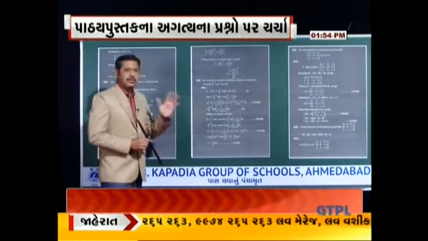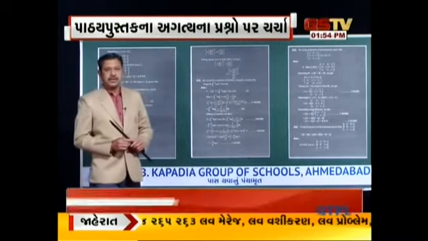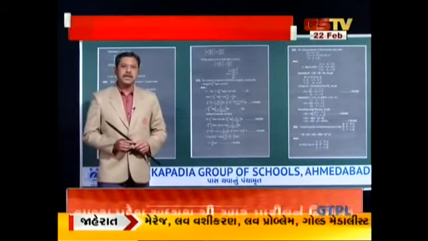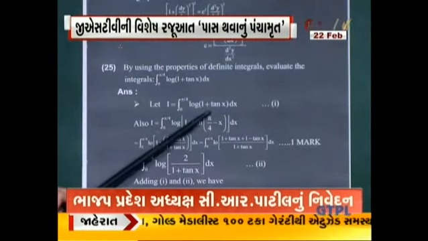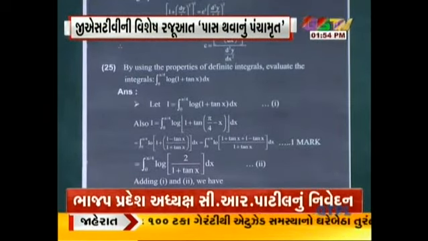So we apply rule number 1, theorem number 1: f of x becomes f of a minus x. So where is x, we put there pi by 4 minus x.